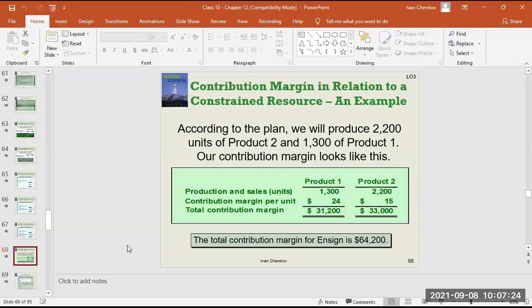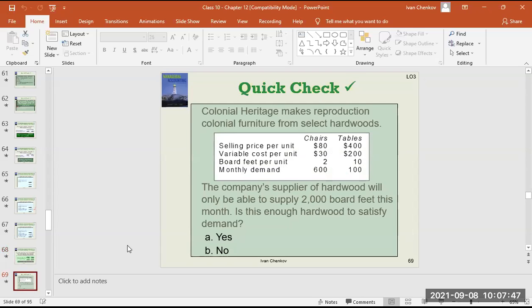So in that case, our maximum contribution margin is $64,200, and that will be the maximum contribution margin that we can earn within the constraint that we have from the machine, which is 2,400 minutes.